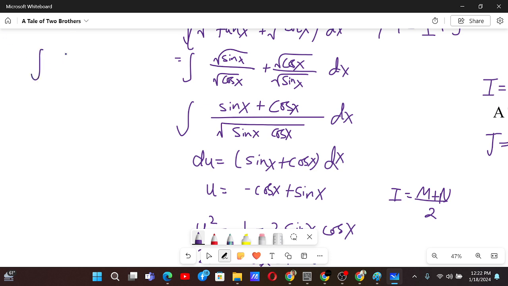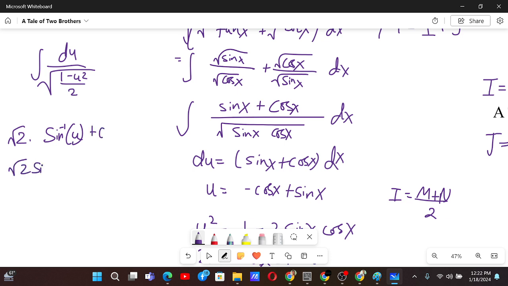Now this will just be du by root under (1 minus u square) by 2. Now root 2 can be taken out. Now this is just the integral of sine inverse u, plus c, and u is sin x minus cos x. So you see, this was a really simple integral, plus c.